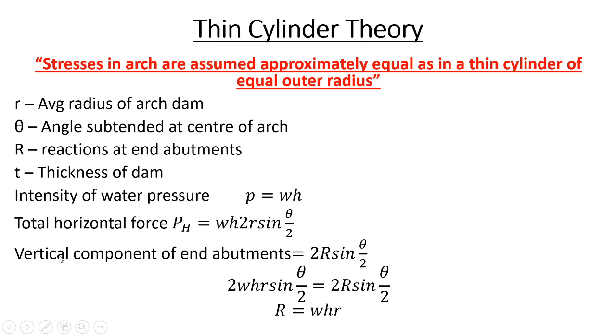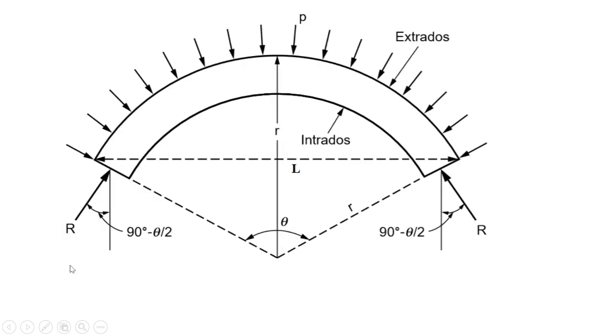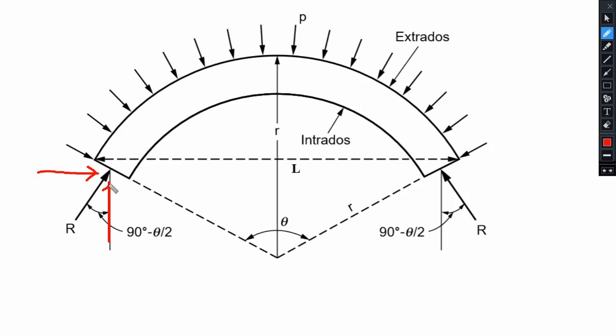Now the vertical component of the end abutments will be equal to, you know that this is the reaction at the end abutment and this is the reaction at the end abutment. This reaction has a horizontal component and a vertical component. This is the horizontal component of R and this is the vertical component of R, and you know that this angle is 90 minus theta by 2.